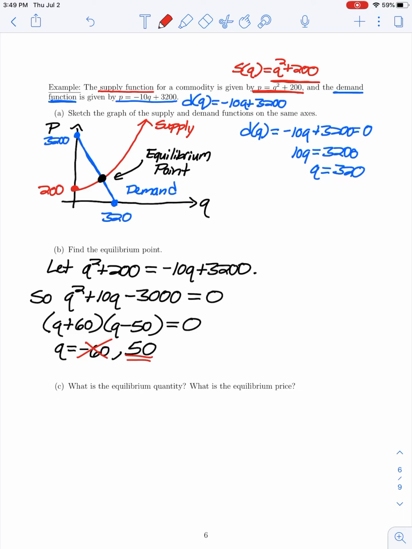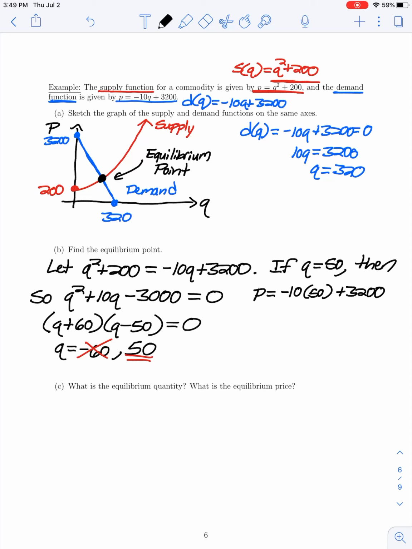So the value of Q that we're interested in is 50, and we need to find the corresponding price for that quantity. If Q is equal to 50, then the price, P, is given by negative 10 times 50, plus 3,200. Here I'm making use of my demand function.